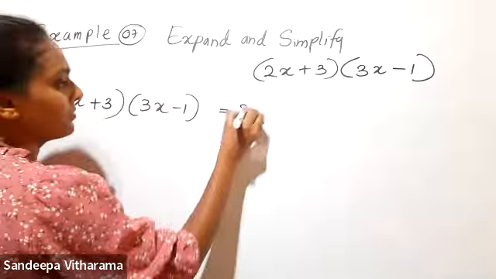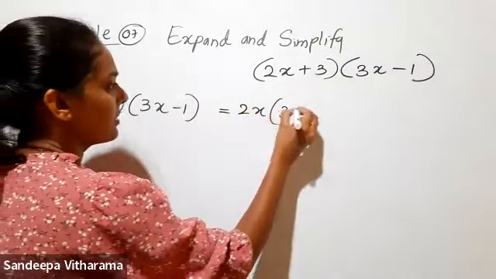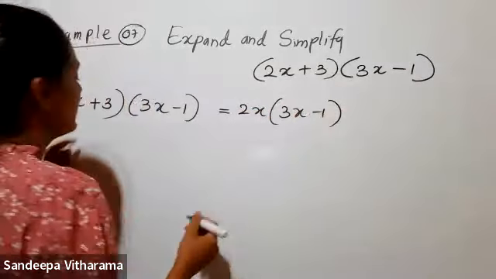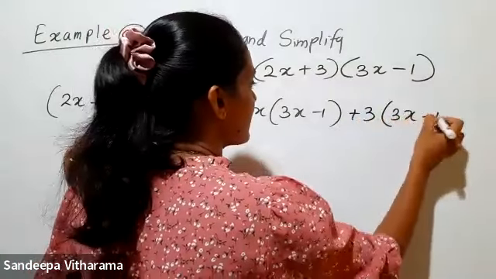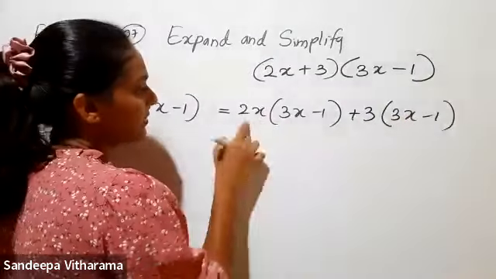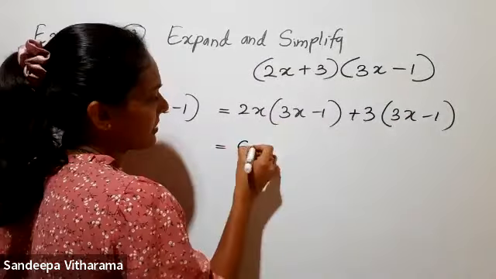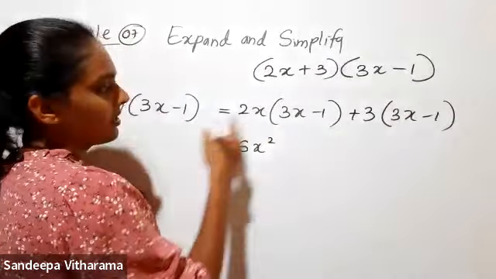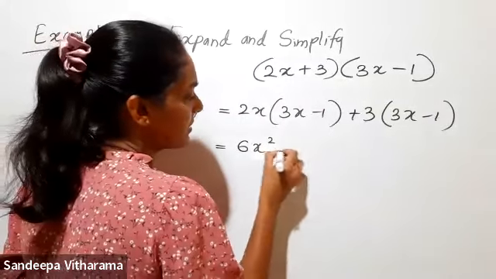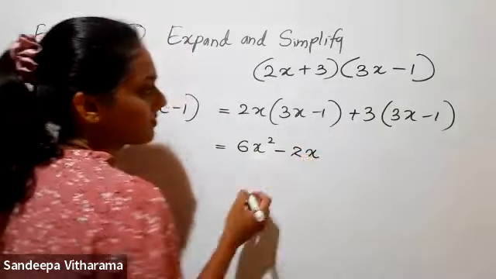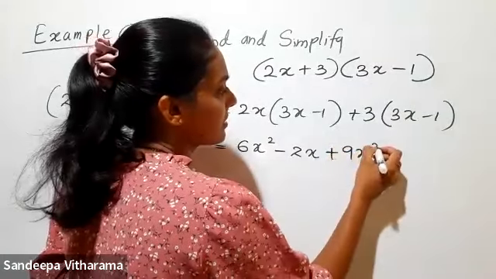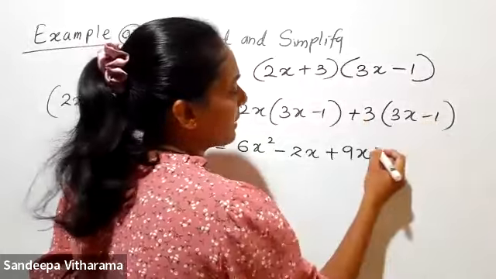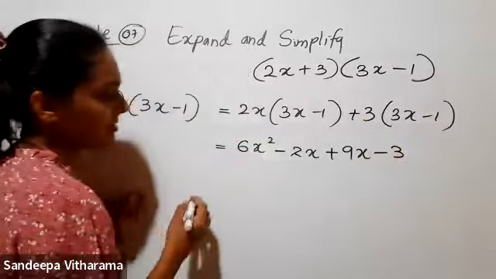Then 2x into 3x minus 1, then plus 3 into 3x subtract 1. 2x into 3x, the answer is 6x squared. 2x into minus 1 is minus 2x. 3 into 3 is 9x. 3 into minus 1 is minus 3.